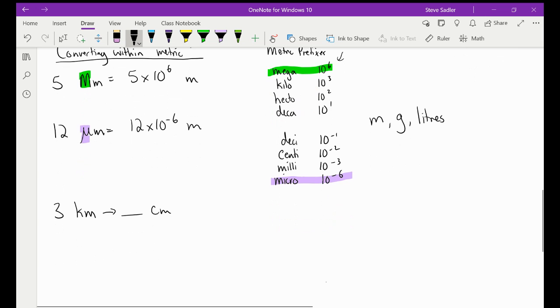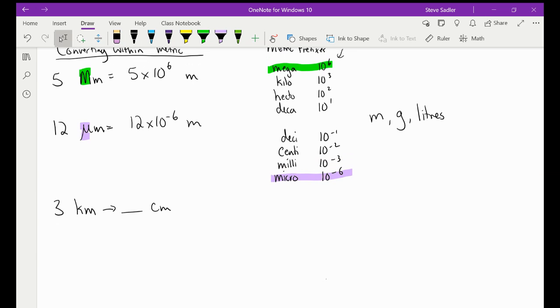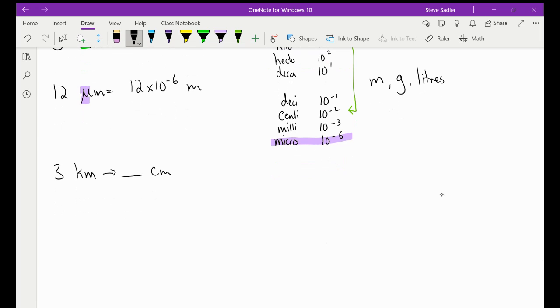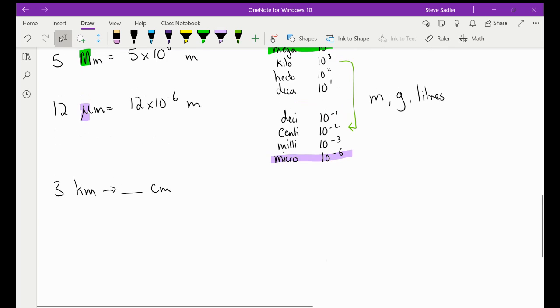What can be tricky is converting from, for example, kilo to centi, like 3 kilometers to centimeters. There are ways to read how many jumps you're doing if you're going from kilo down to centi. But I find the easiest way to do this conversion is to first, before you even do any math, convert 3 kilometers into meters.